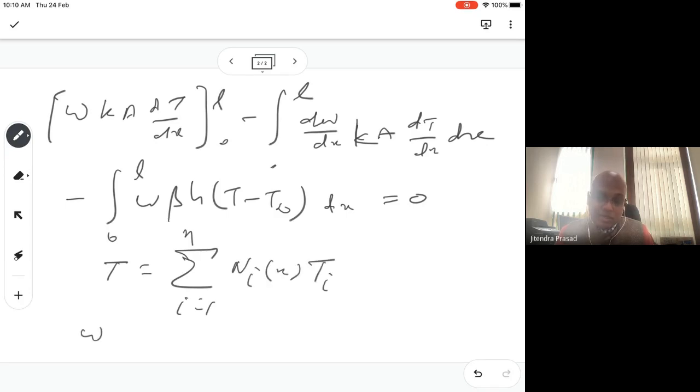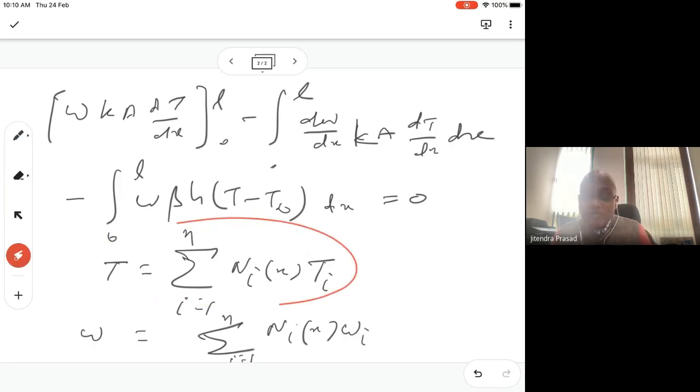Similarly, W is equal to sum from 1 to n of N_i W_i, right? So regardless, we are making it general purpose, regardless of how many nodes you have in the element, and you put those values here. Okay, and accordingly you get the values here.